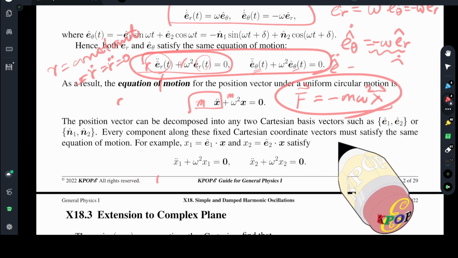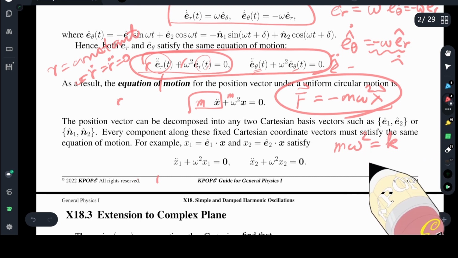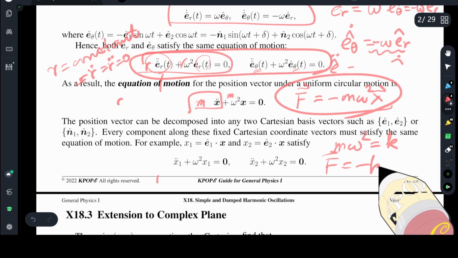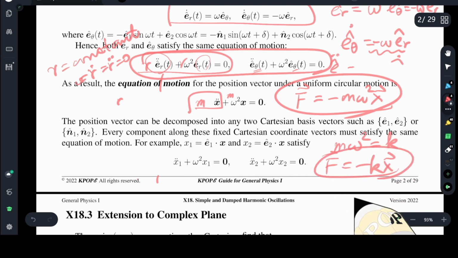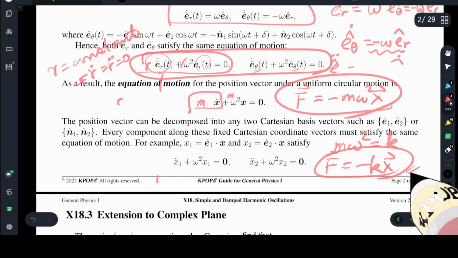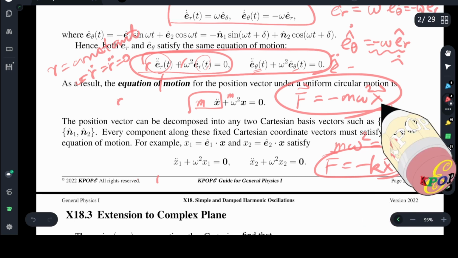What's that? m omega squared. We set m omega squared equals k. What we find is F equals minus kx. What's that? Spring force. Spring is a restoring force. So we have obtained everything.